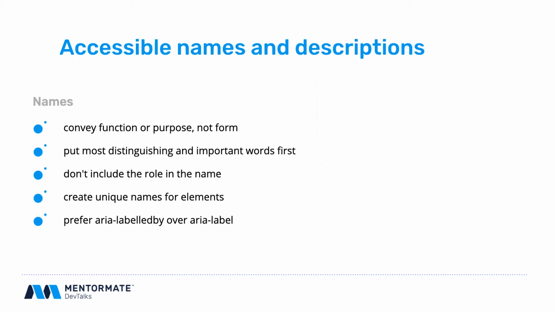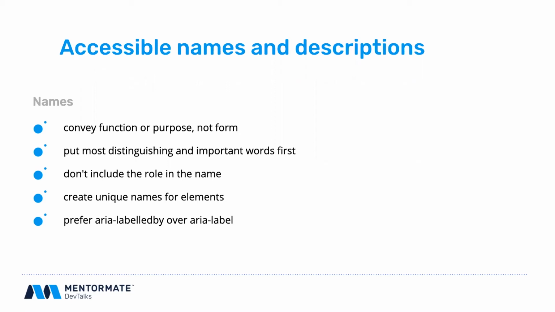So if you have a button for editing something, imagine a table where the last column is edit, and that button is just a pencil icon. You would put an ARIA label there, or labelledby, and now you have to come up with a good accessible name, not just edit. But that's also dependent on the context. But yeah, put the most distinguishing and important words first. That's edit user or edit user roles, for example.